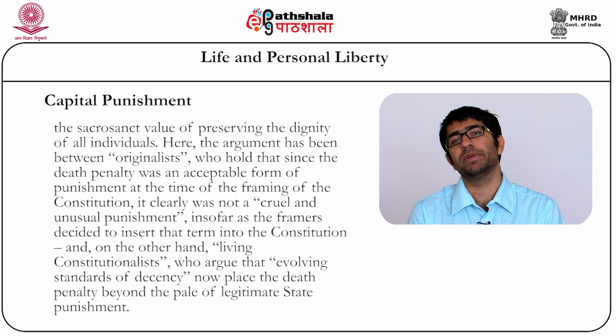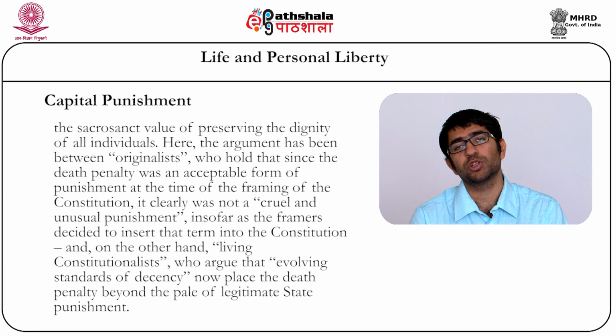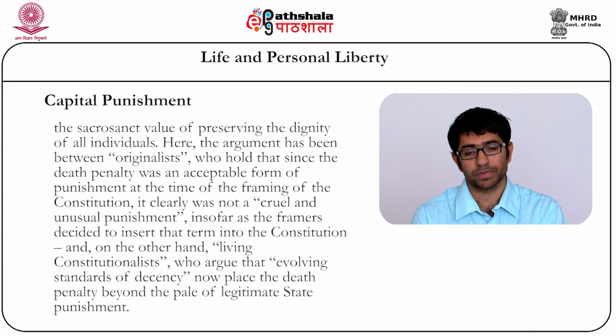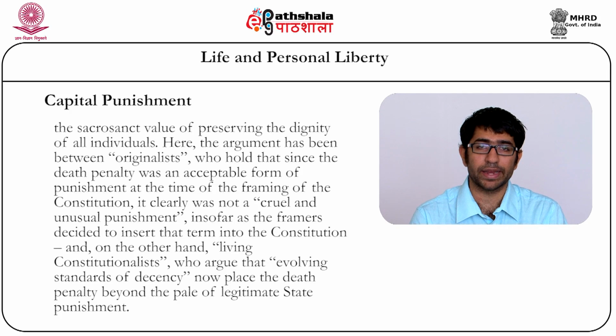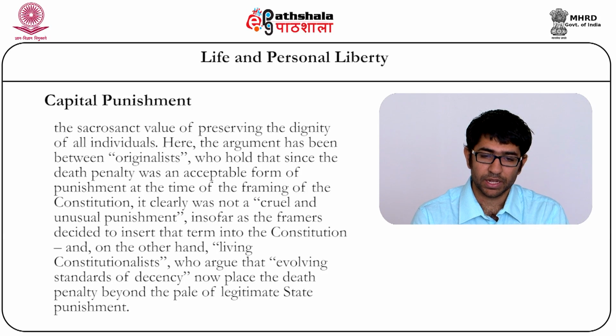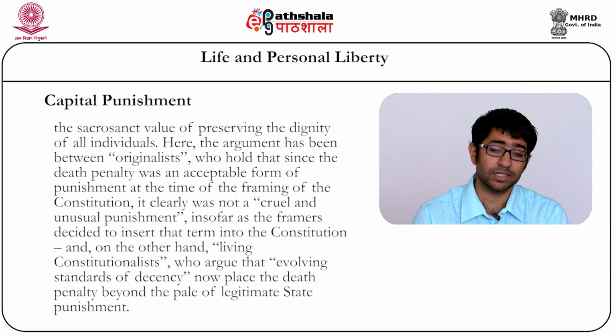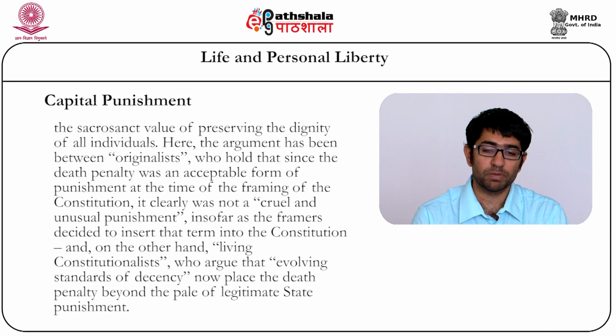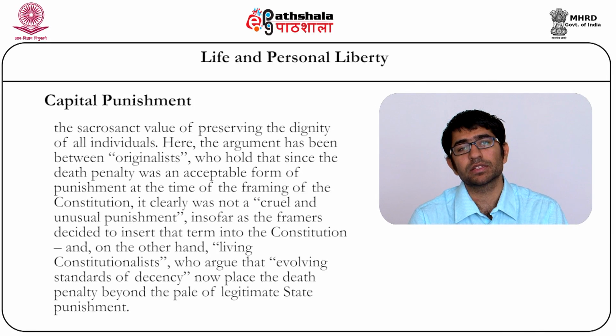Clearly, therefore, the meaning of cruel and unusual does not include the death penalty. On the other hand, it's argued by living constitutionalists that evolving standards of decency now place the death penalty beyond the pale of legitimate state punishment, whatever might have been the case earlier in the 1700s.